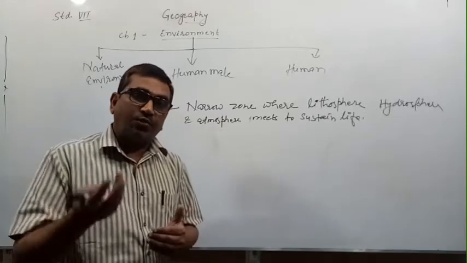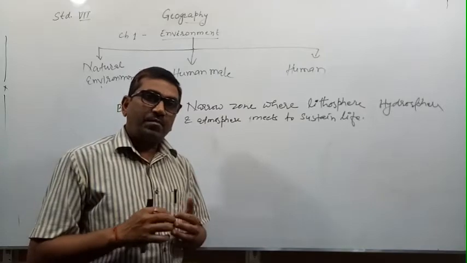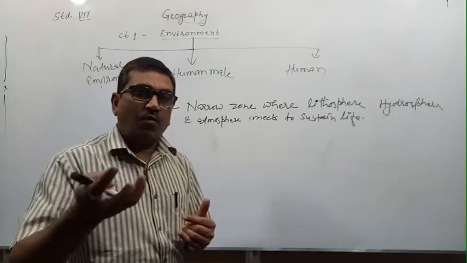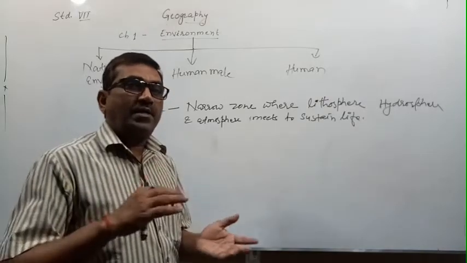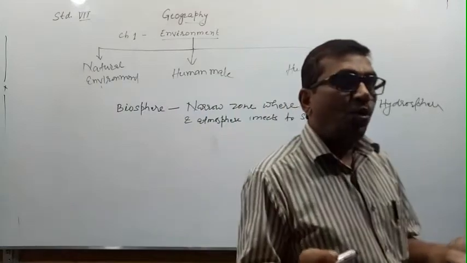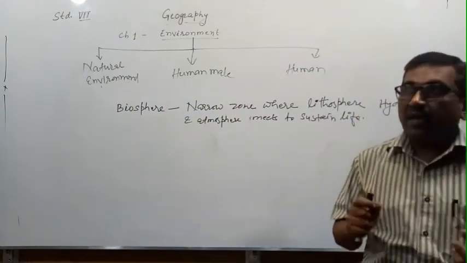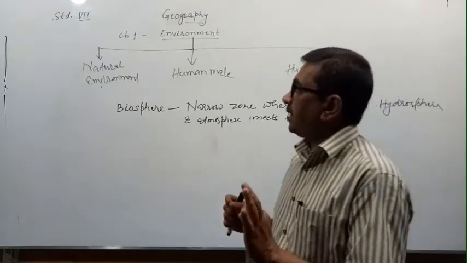Can you survive without the food? The lithosphere provides the food. Hydrosphere provides us the water and atmosphere provides us the air. It means the biosphere is the narrow zone where lithosphere, hydrosphere and atmosphere meet to sustain life.